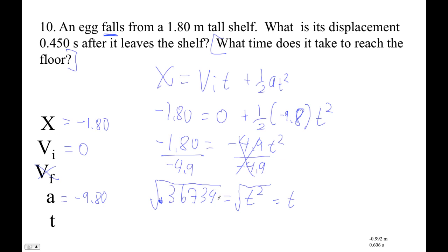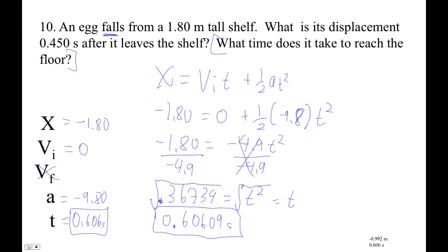I'm set. And I get that t is 0.60609 seconds. Yeah? Okay, now we only have 3 digits, so we're going to write it down as 0.606 seconds. Yay. Good enough?